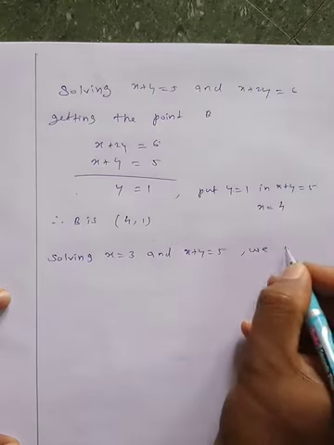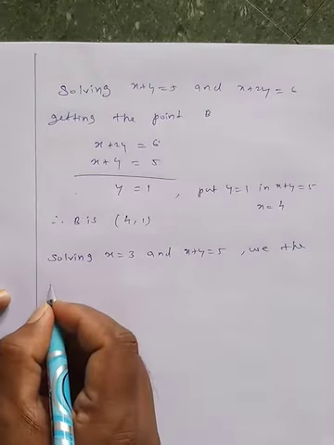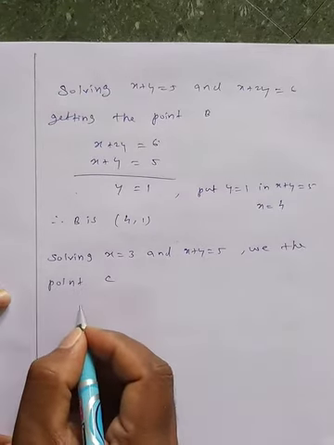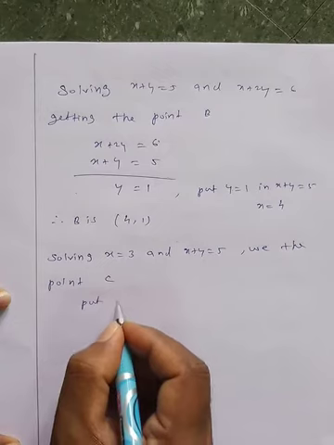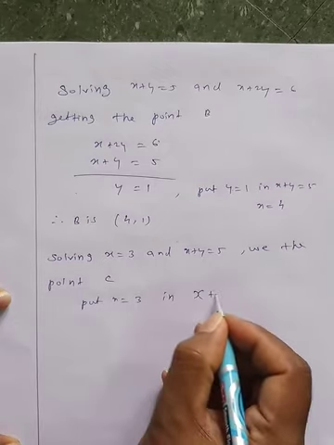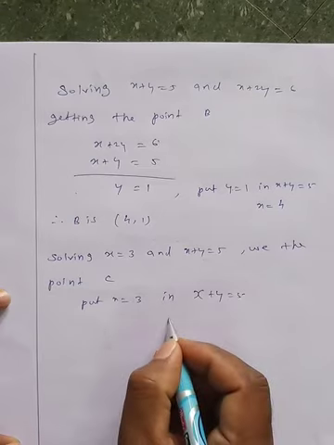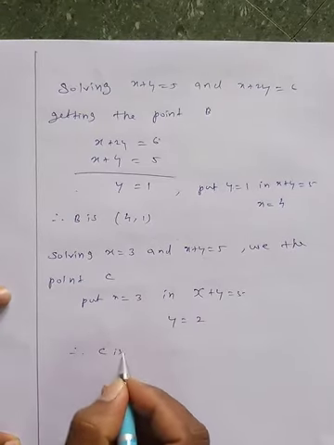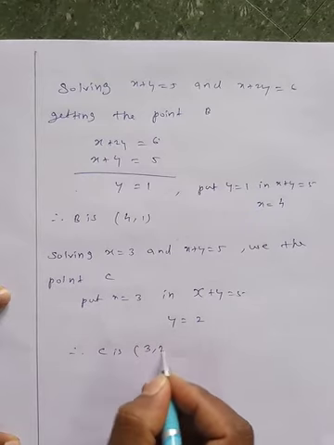Now put x is equal to 3 in x plus y is equal to 5, y is equal to 2. Therefore C is (3, 2).